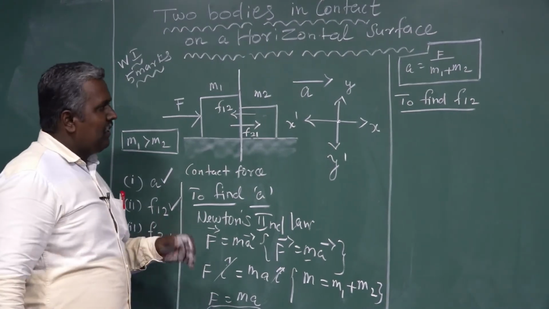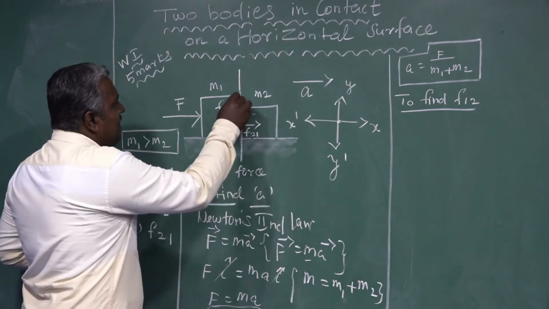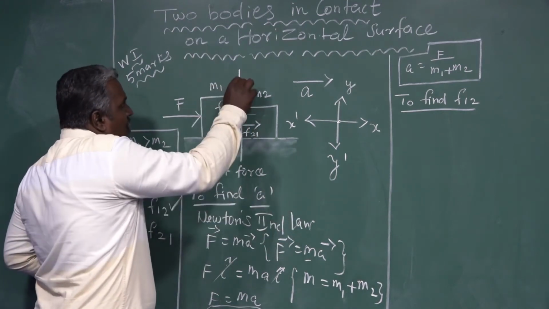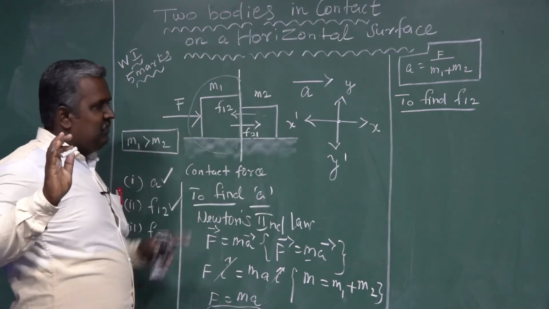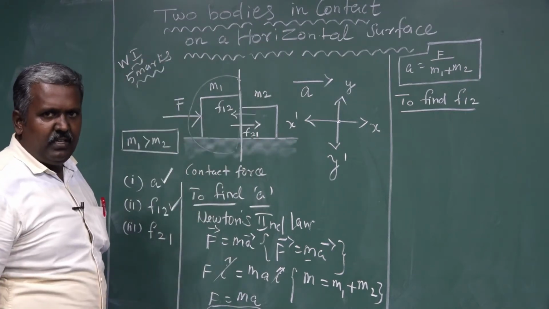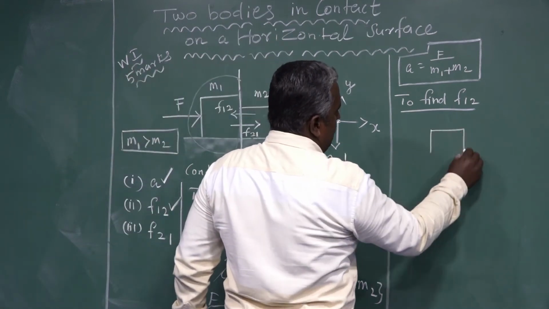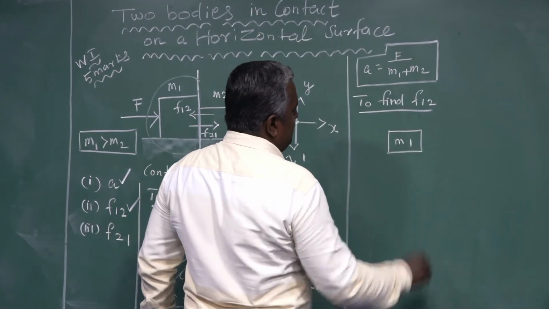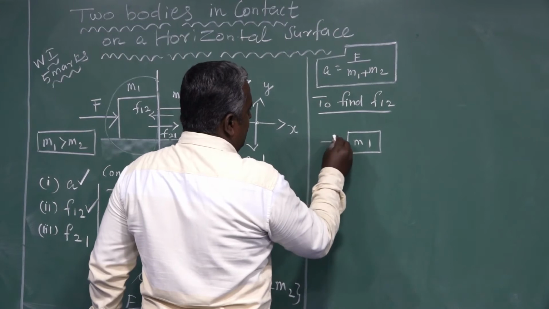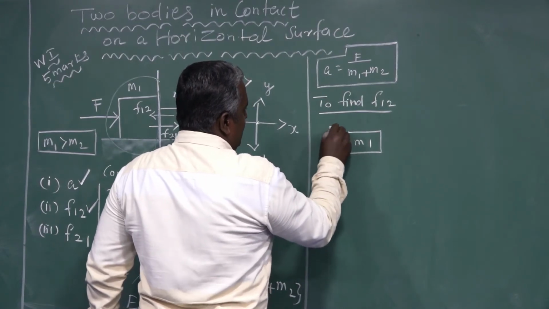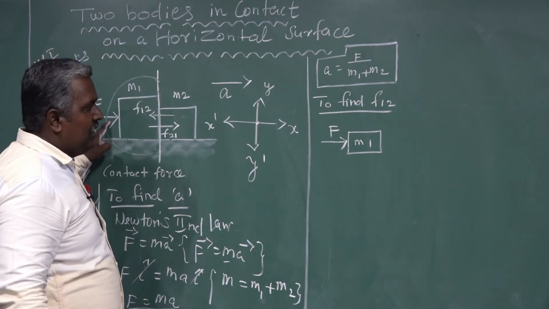Here, to find F12, only M1 is extracted from this diagram. On this M1, capital F is acting, a horizontal force acting on M1 only.